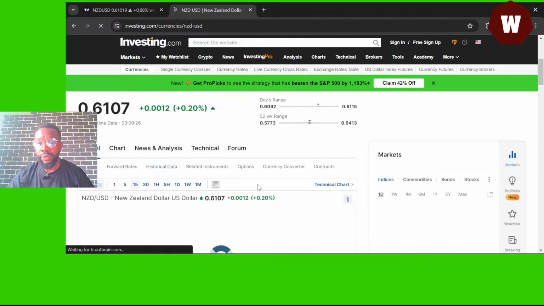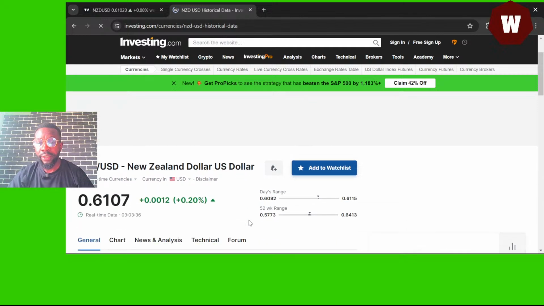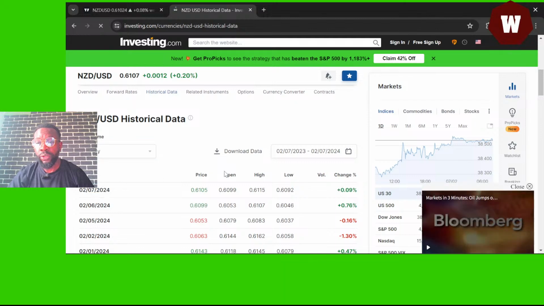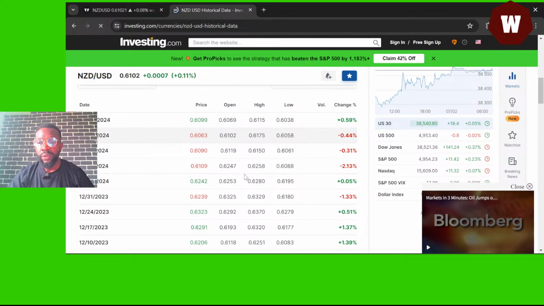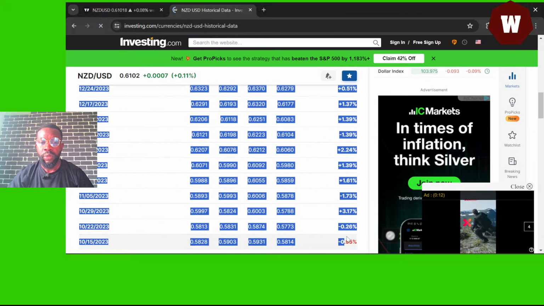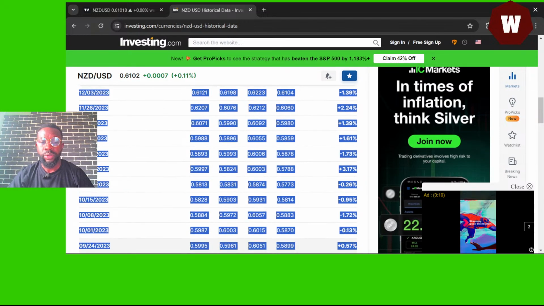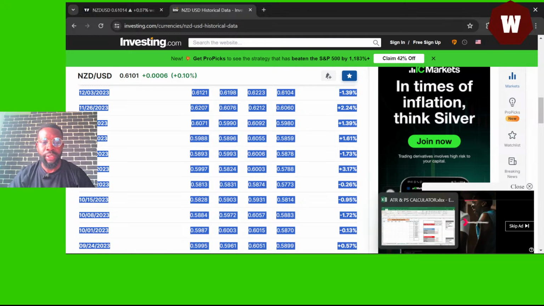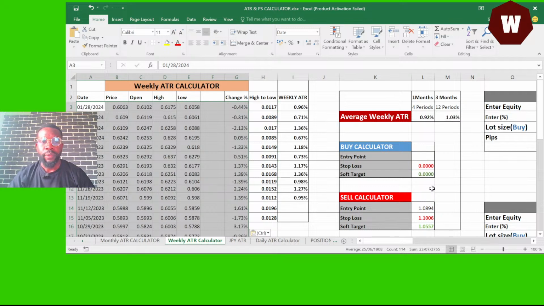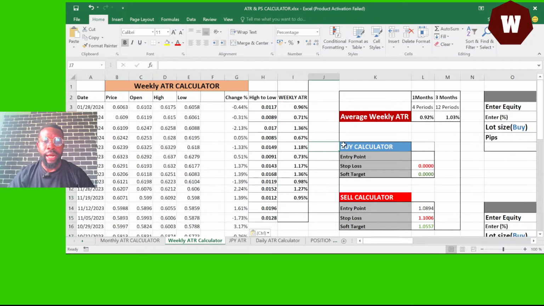Okay, so if we take this data, it's going to be a long trade. So we'll use the weekly data. If you use the weekly data to set your stop loss and your take profit target, so if you copy this to the calculator, we are expecting a 1% movement.